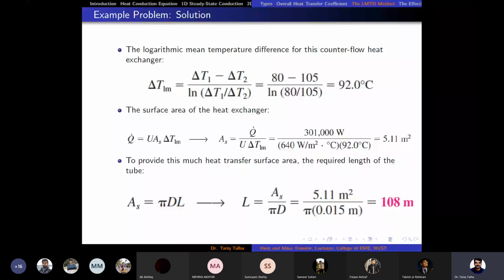That's why in practical applications we usually have shell and tube heat exchangers, because they contain a network of pipes or many passes of pipes within a limited volume. Okay, anything which is not clear here?